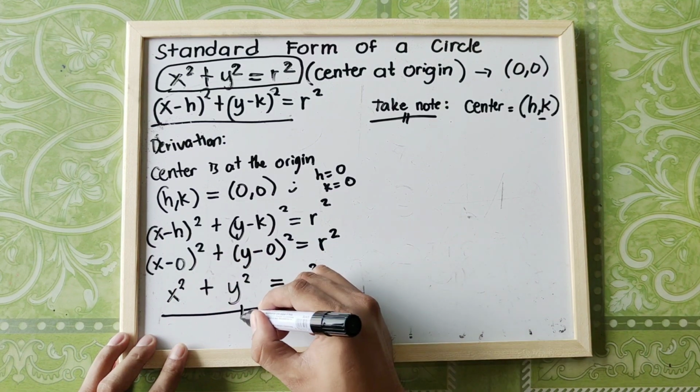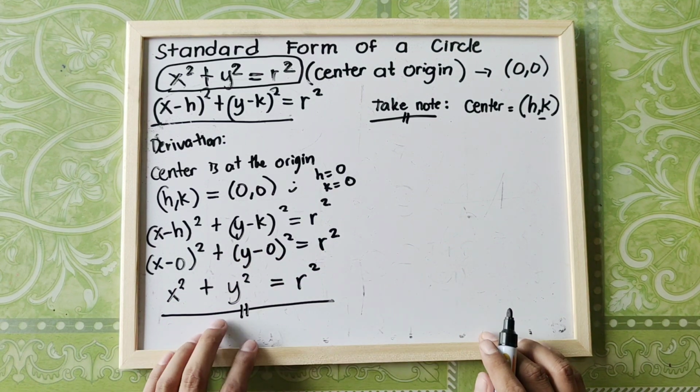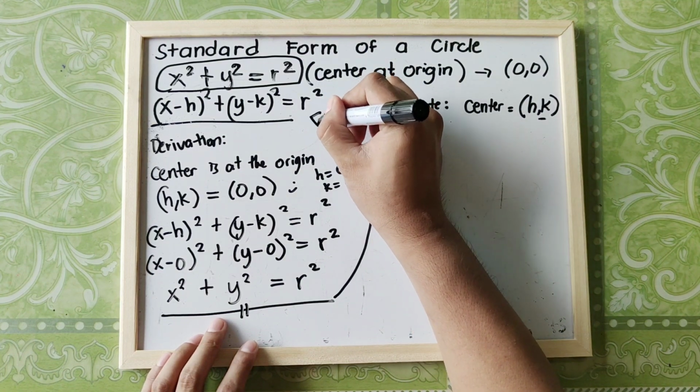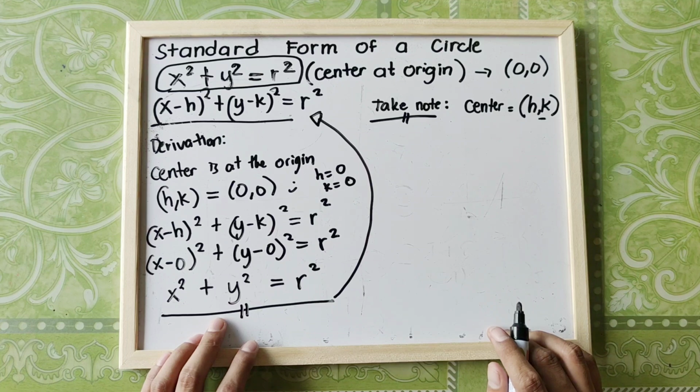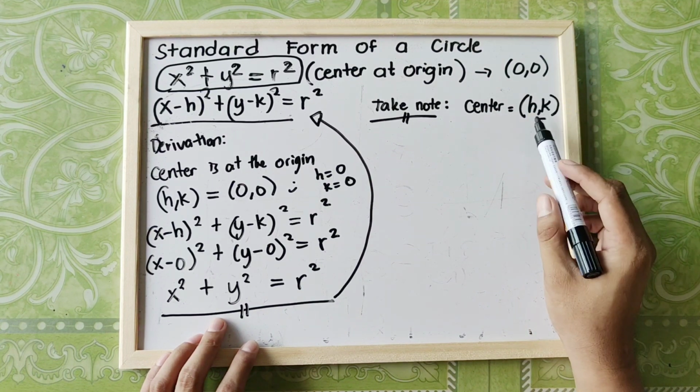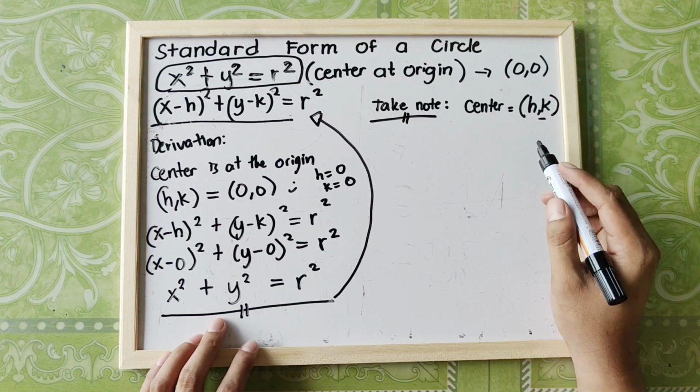So this formula is just a derivation from this equation, again, if the center, our (h, k), is located at (0, 0).